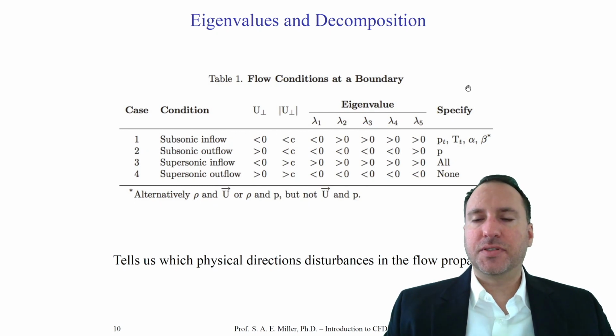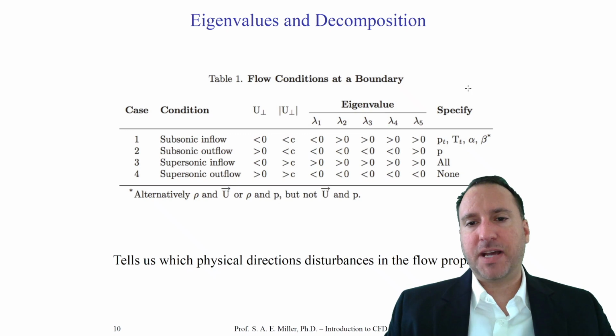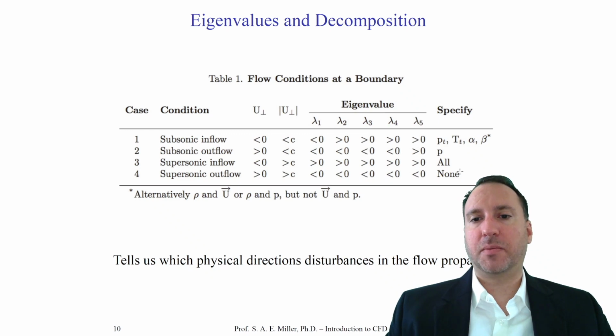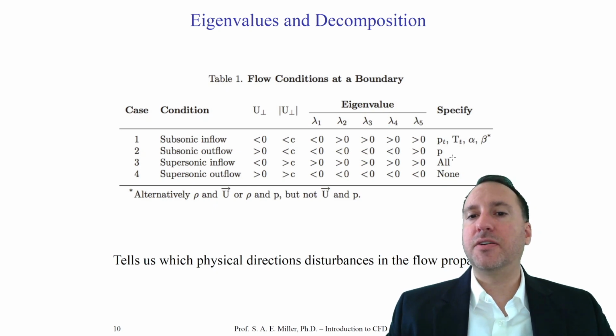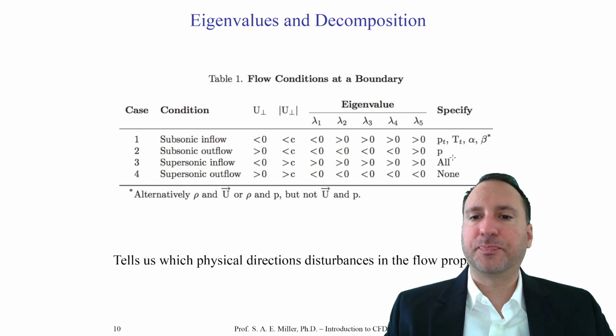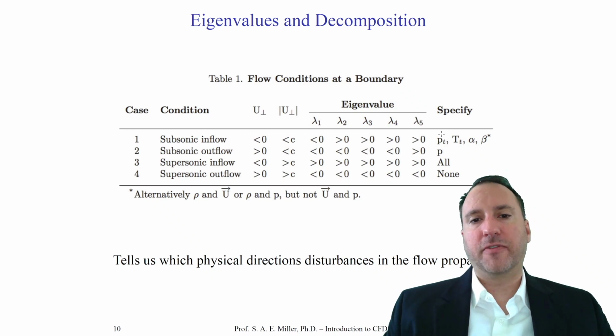On the right column of this table, it shows what conditions one might specify. You'll notice the number of conditions, that is, variables or something about the variable, like derivatives perhaps, that must be specified. So for the subsonic inflow, where basically 4 types of information are entering the domain based on an eigenvalue analysis of the Navier-Stokes equations, we would have to specify 4 variables.